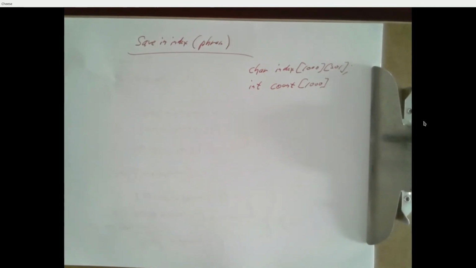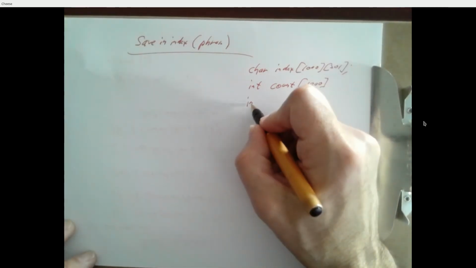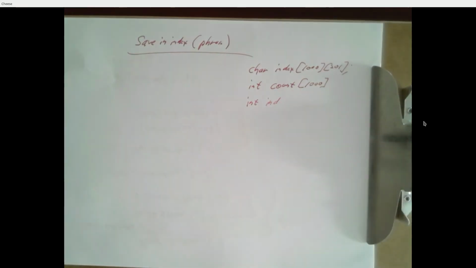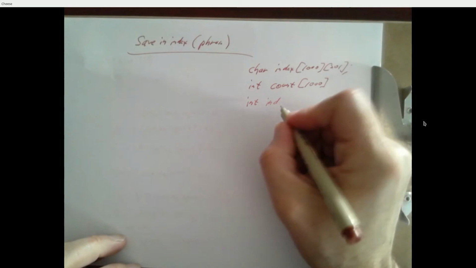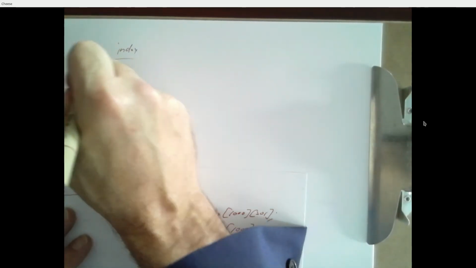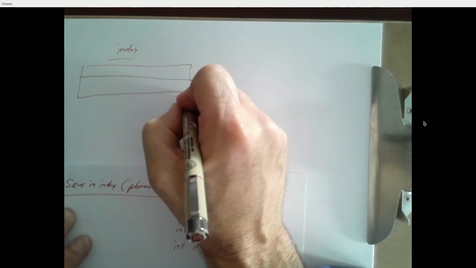And remember, with arrays in C, there's no inherent length, so we need to know how many entries we have in this index. So we can do an index length, and initialize that to 0. The basic setup is: index is this big long array of strings.